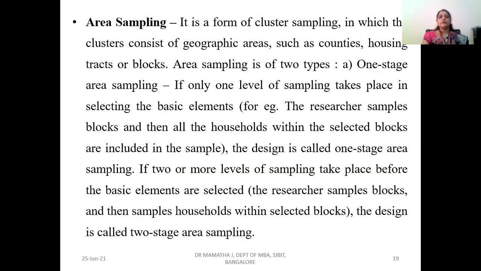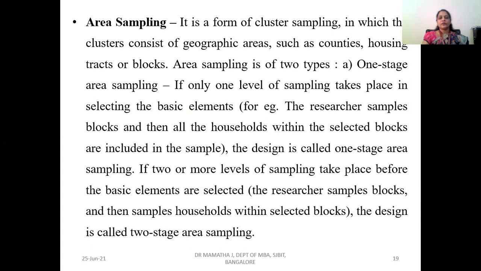Okay. Then we'll move on to area sampling. Area sampling is also one form of cluster sampling. As I discussed, in cluster sampling you're creating the clusters based on some characteristics. But in area sampling, you are creating the clusters based on the geographical area. Maybe you have decided on some country, towns, cities, villages, states, anything for that matter.